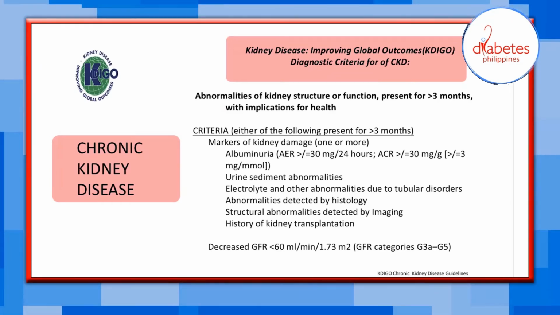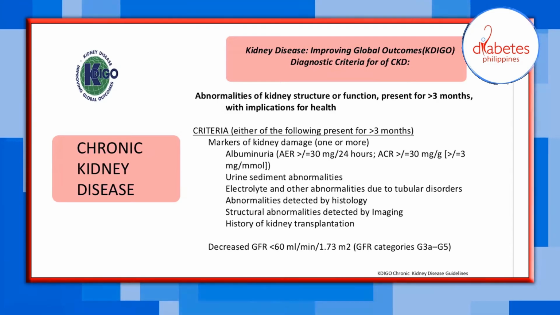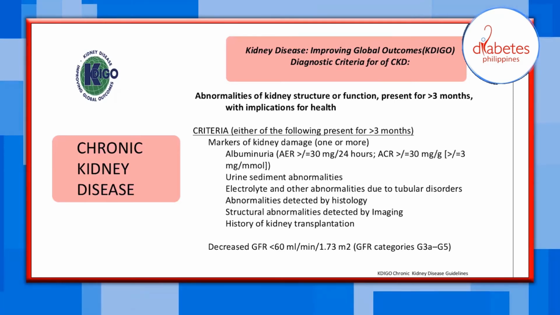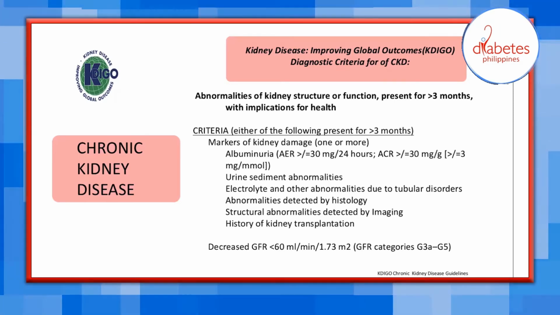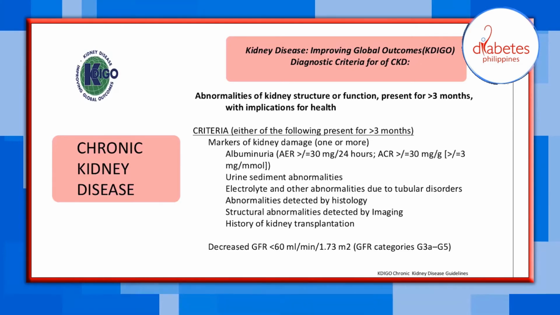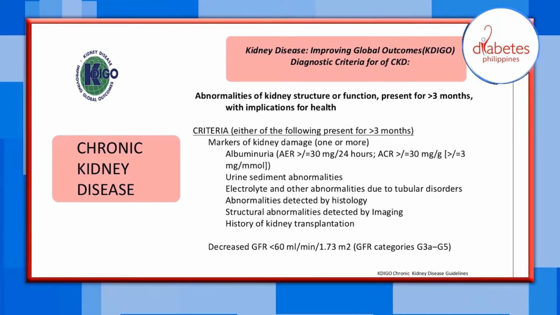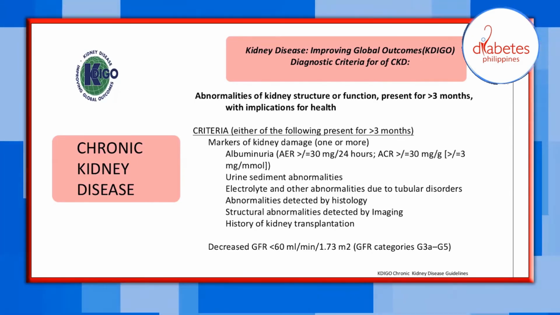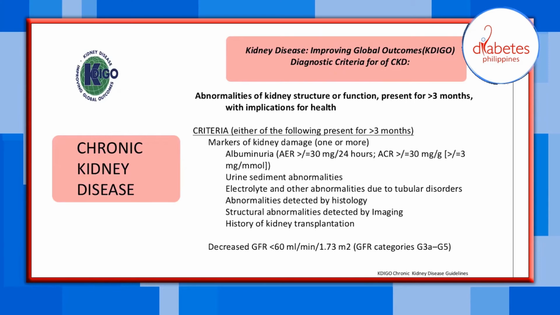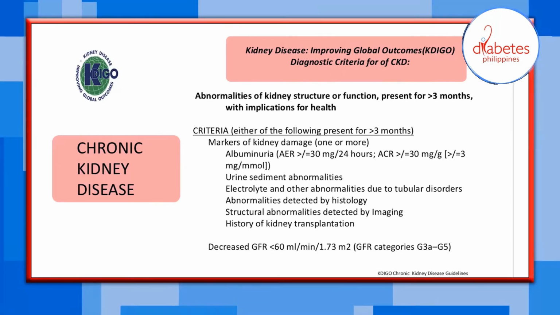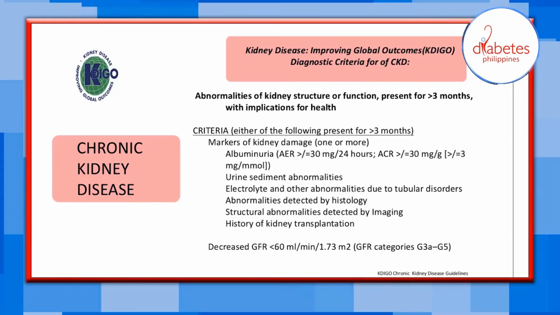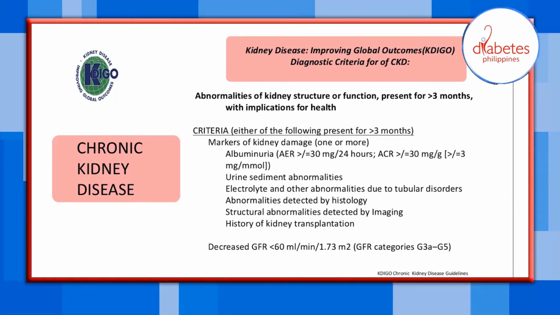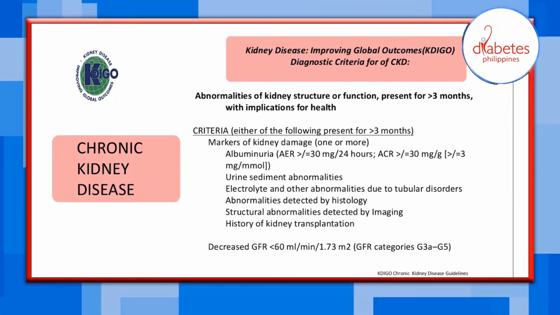So for the criteria, it's either of the following present for, again, greater than 3 months. So first is your markers of kidney damage, so 1 or more. This includes your albuminuria, persistent albuminuria, your urine sediment abnormalities, electrolyte and other abnormalities due to tubular disorders, abnormalities detected by histology, structural abnormalities detected by imaging, history of kidney transplantation, or a decreased GFR of less than 60 ml per minute.